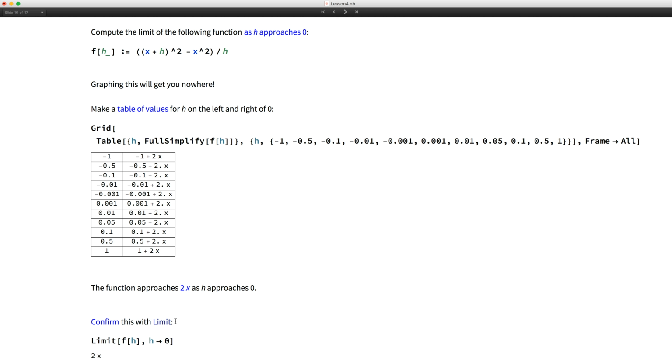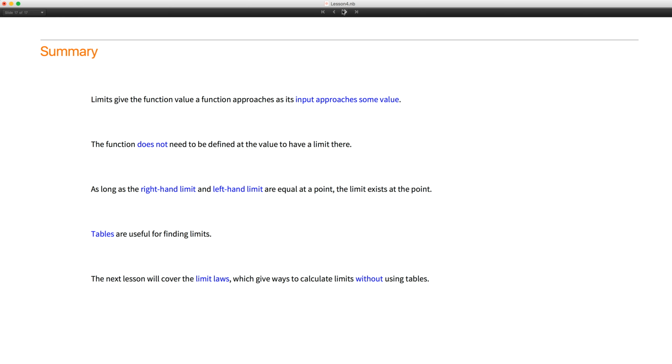Okay, so we've seen now that tables are quite useful in some cases, but in general, you should try and avoid them. So that brings me to the end of today's lesson. What you've learned is that limits are a good way of figuring out what happens as a function approaches a certain value of x.